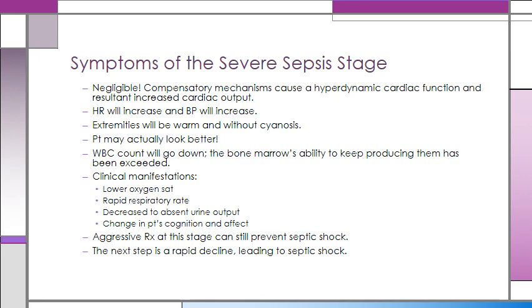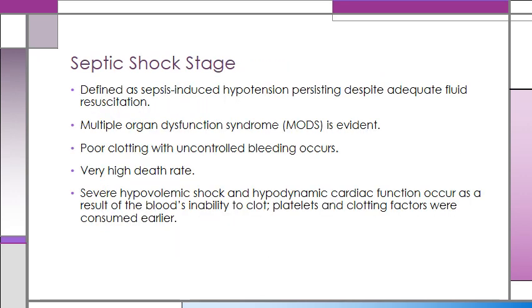The next step is a rapid decline leading to septic shock. The septic shock stage is defined as sepsis-induced hypotension persisting in spite of adequate fluid resuscitation. You now have multiple organ dysfunction syndrome, called MODS, and that has become evident.